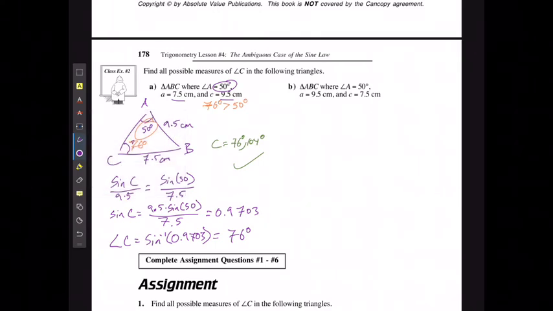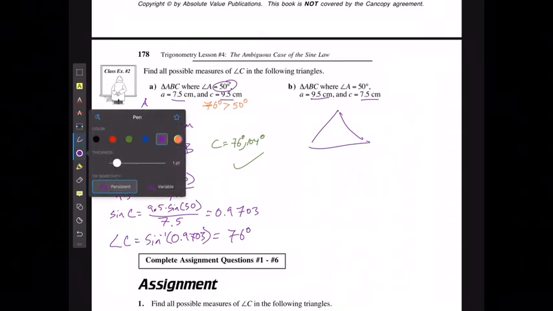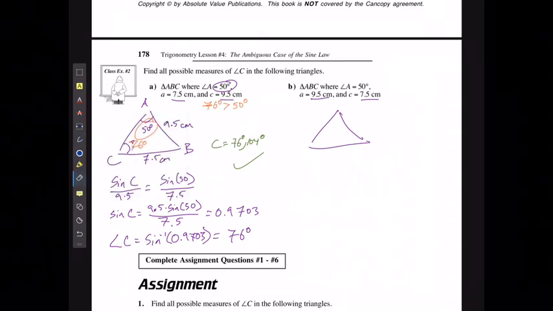Taking a look at example B, well, what did they state for B? The only difference for B is they flipped the values of a and c, so the side lengths are going to be a little different. Let's see if it gives us different possibilities. Let's do this in blue.